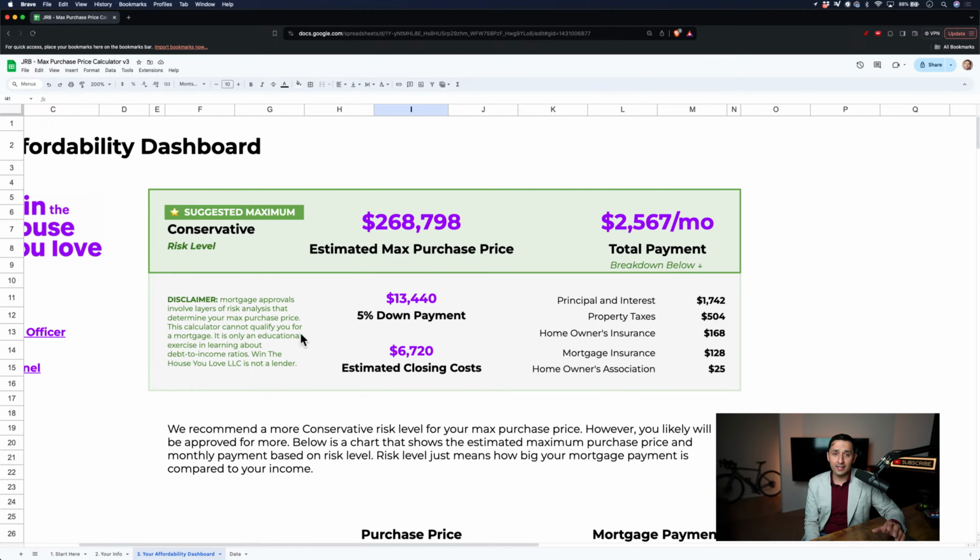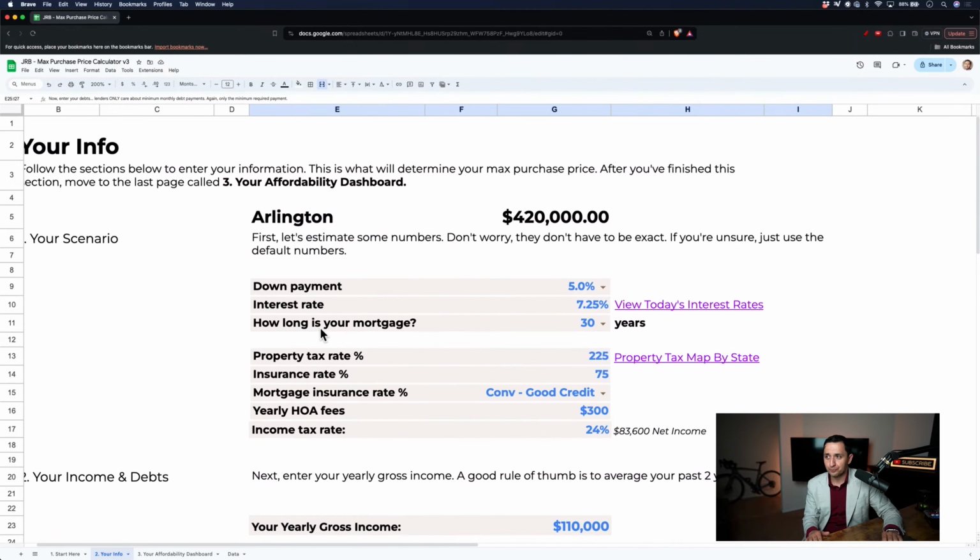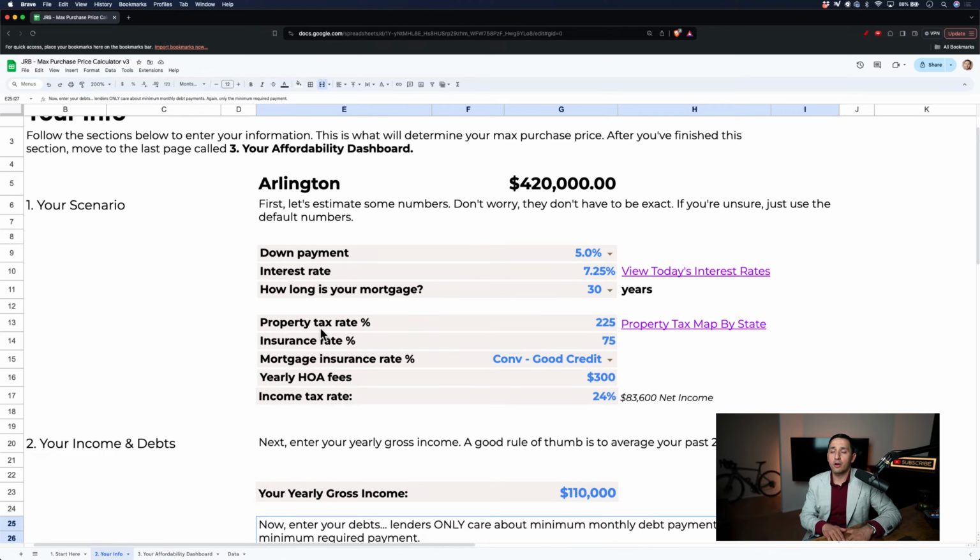So at the end of the day, long story short, under the following criteria, assuming that we are trying to get a 4-bed, 2.5 bath, about 2,400 square foot home in Arlington, Texas, with 5% down, a 7.25% interest rate, a property tax rate of 2.25, and an insurance premium of 0.75%, we would need to earn $110,000 to purchase a home in Arlington, Texas.